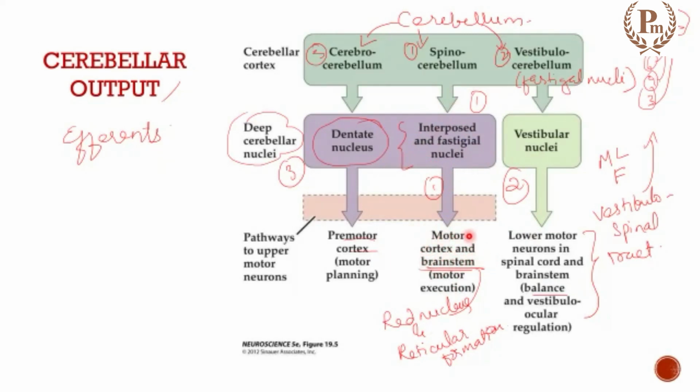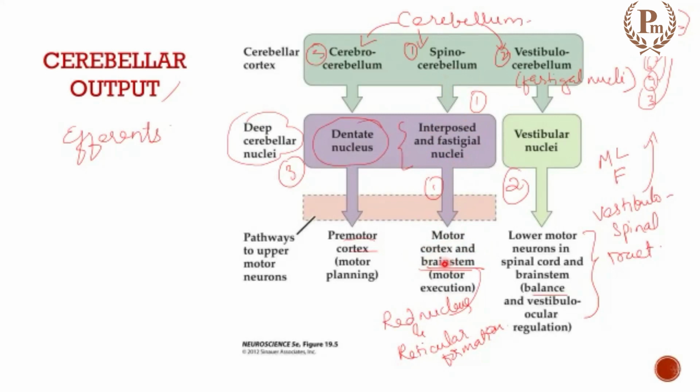So mainly how these efferent fibers go, they may take a route via the pons. Via the pons, they go to the thalamus, and thalamus to the cortex. That may be one way. The other is they go to the rubral or the red nucleus.